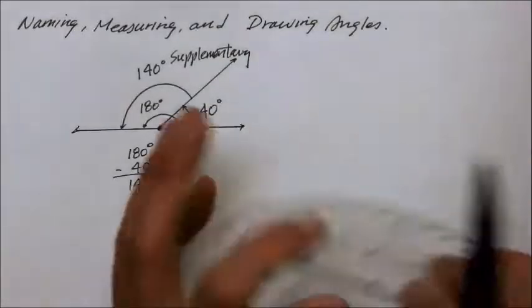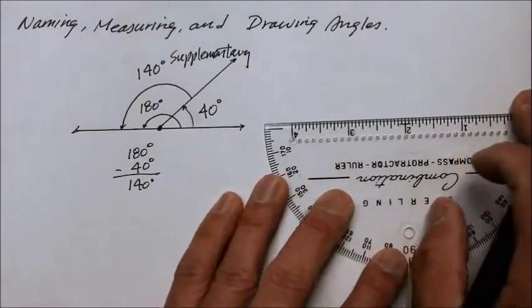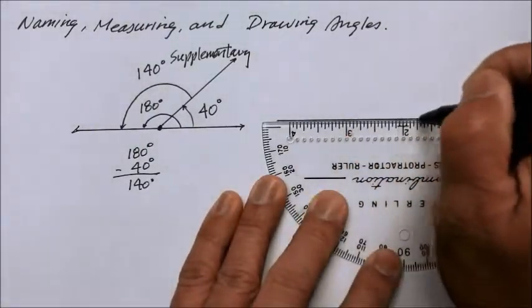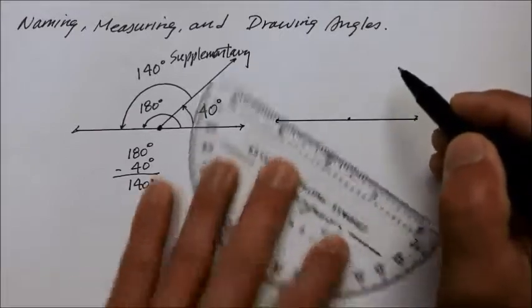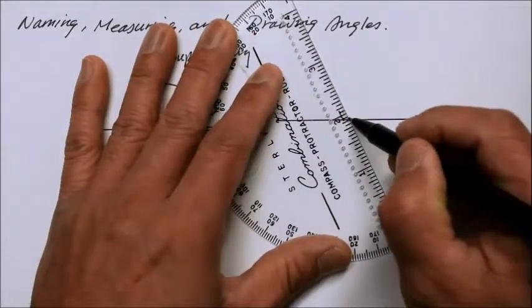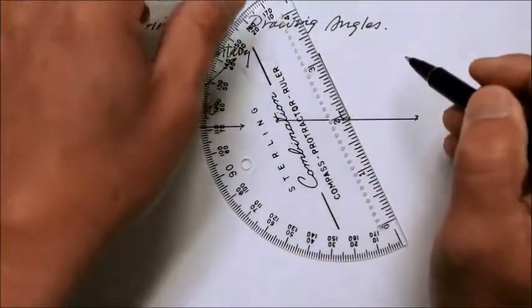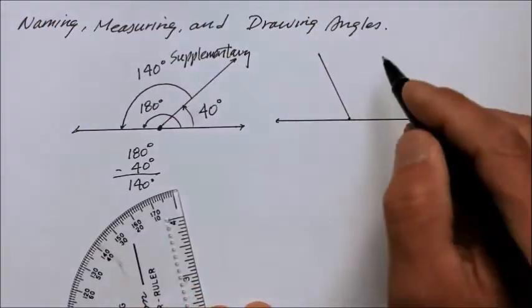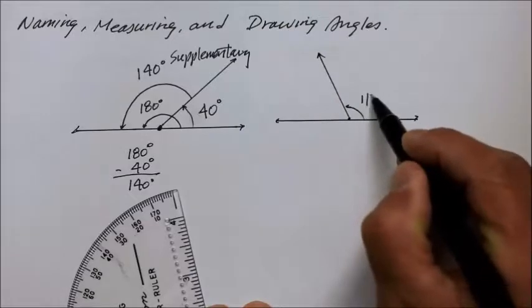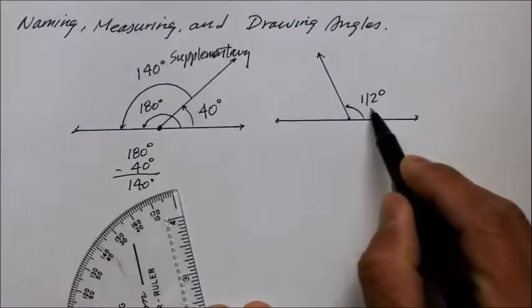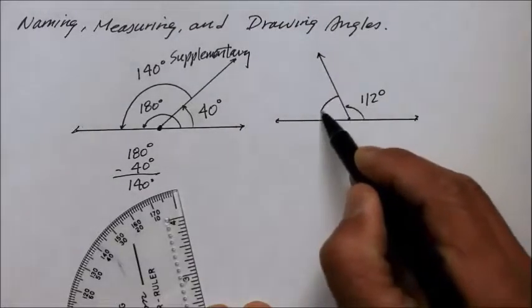So, one more example. Here's another straight angle, or simply a line, and if I were to introduce another ray, suppose like that. And let's just assume that this is 112 degrees. From here to there is 112 degrees. I'm just taking a wild guess. Then what will be the supplementary angle?